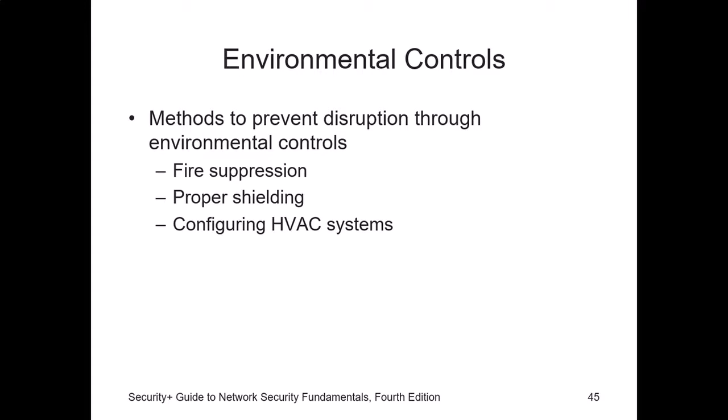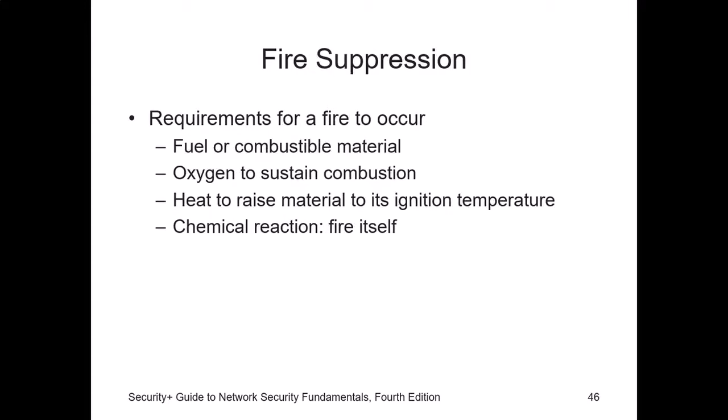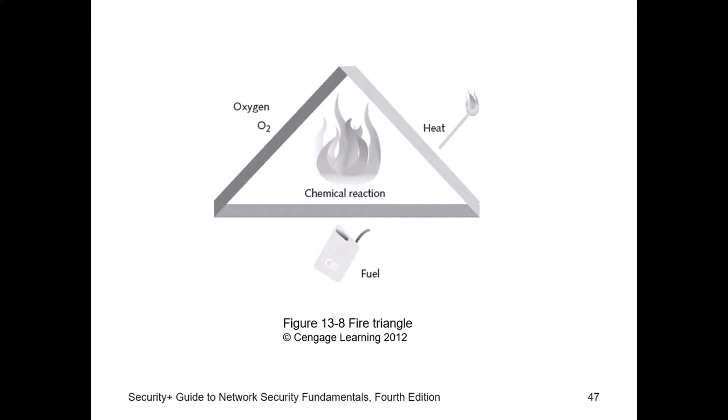Let's talk about fire suppression. When it comes to fire, there are three things that you need to worry about: oxygen, heat, and fuel. If there is a fire, you have to eliminate one of those three. If you don't have oxygen, you're not going to have any fire.